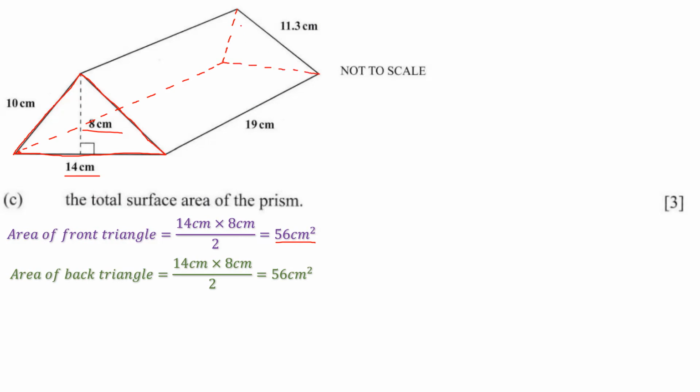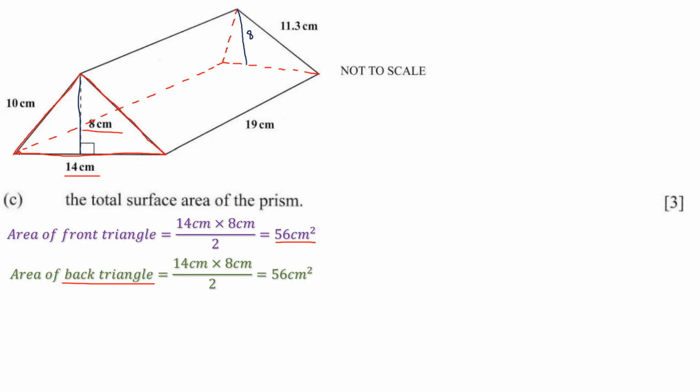Good. So now we're looking at the area of the triangle in the back, right? Well, if we look carefully, its height is going to be the same height as this one. So the height right here of this triangle in the back is going to be 8 centimeters, okay?